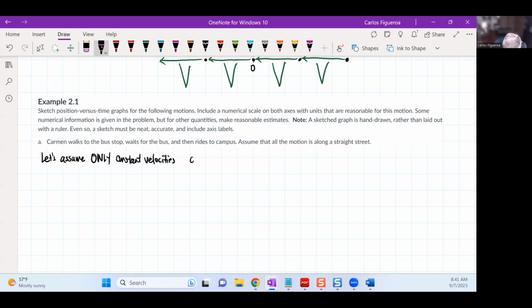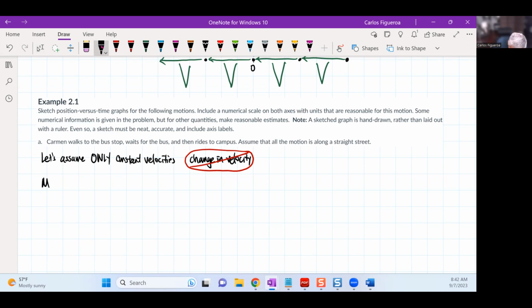In other words, when I look at change in velocity, I do not want to consider that right now. It's easy to add change in velocity with a little bit of practice, but we're not interested in that kind of practice right now. So let's start with the motion diagram, and then let's make that into a graph.